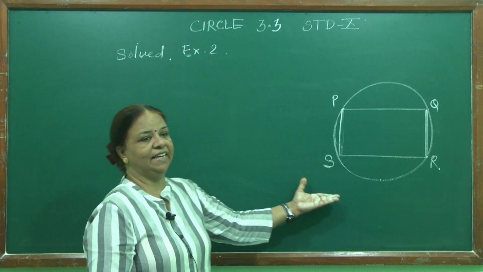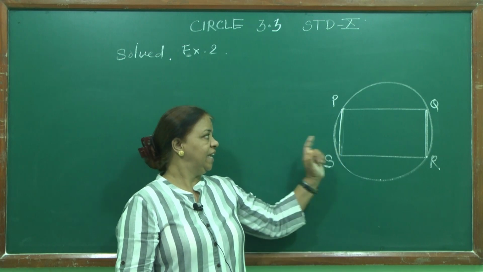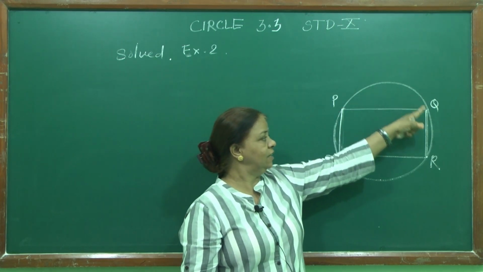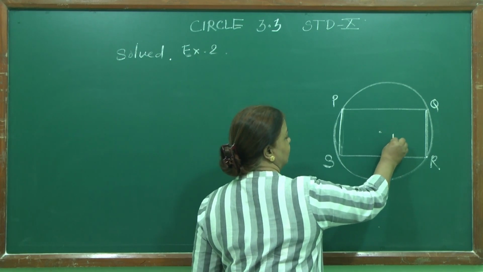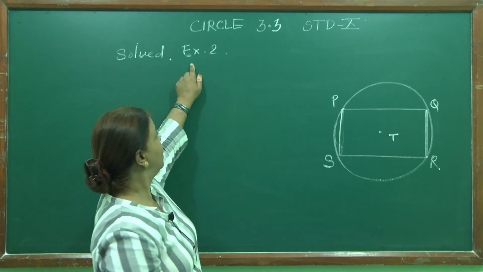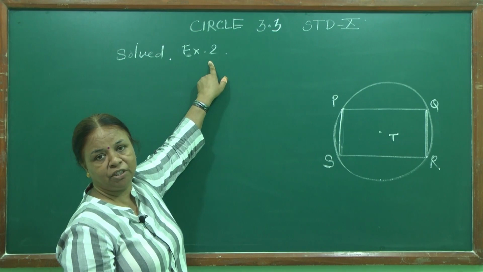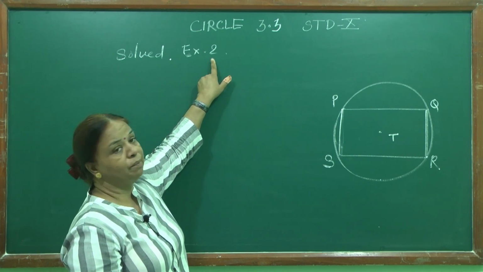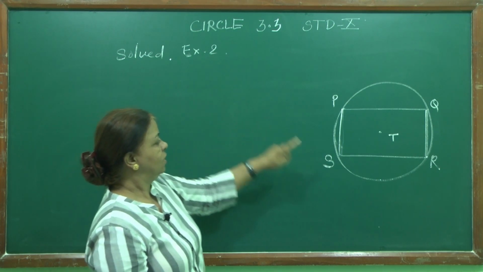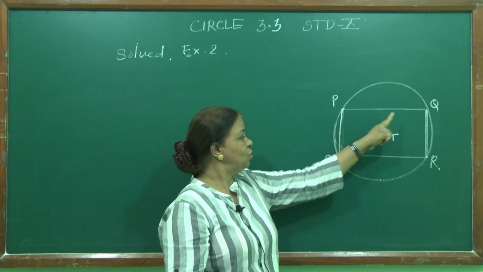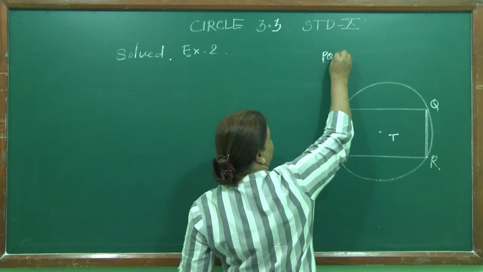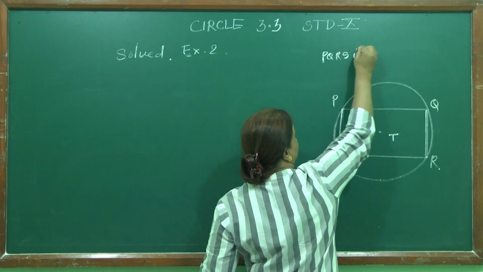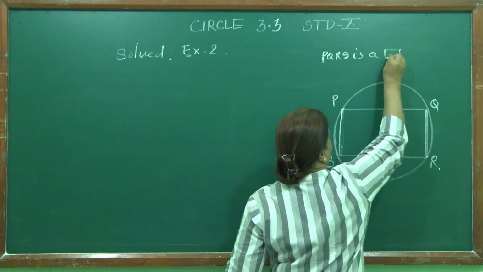Children, you can see one diagram drawn on the board, in which you can see a circle with center T. This is the solved example of your textbook before exercise 3.3, example 2. PQRS is a rectangle, given.